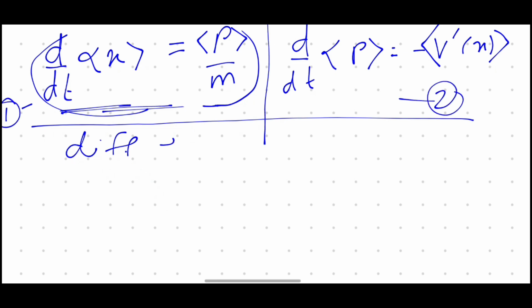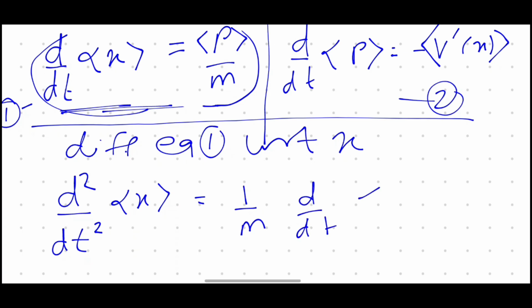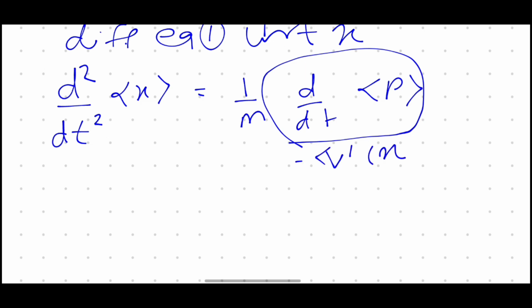Now differentiating equation 1 with respect to x. Of course you know what it is going to be. So d square upon dt square of the expectation value of x is equal to 1 upon m d by dt of p. Now if you recall, this we got as minus v dash x, right?